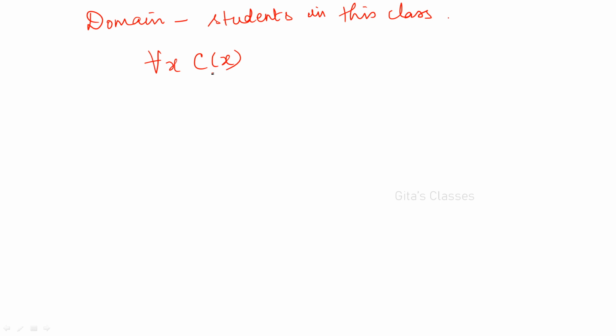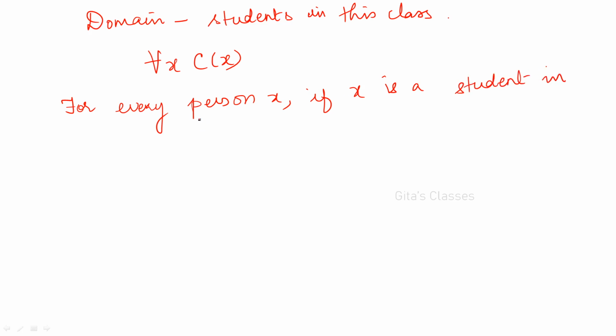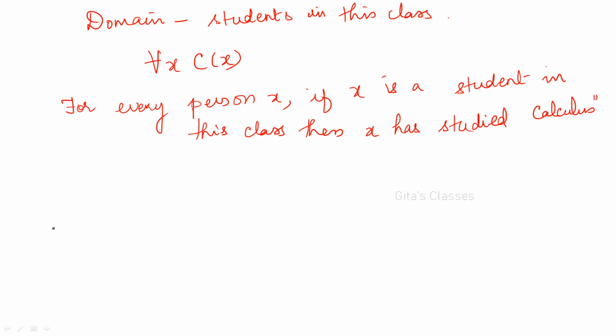So in general, if you are considering any person, then we have to rewrite the statement as: for every person x, if x is a student in this class, then x has studied calculus. This is what we are going to write.